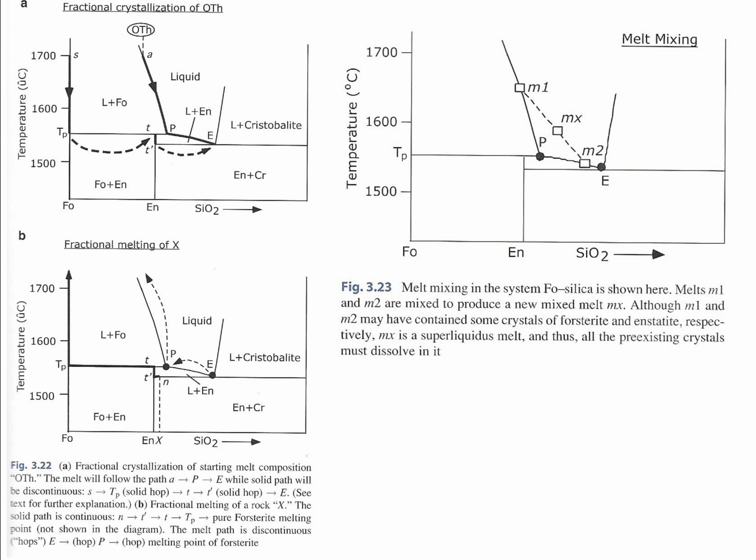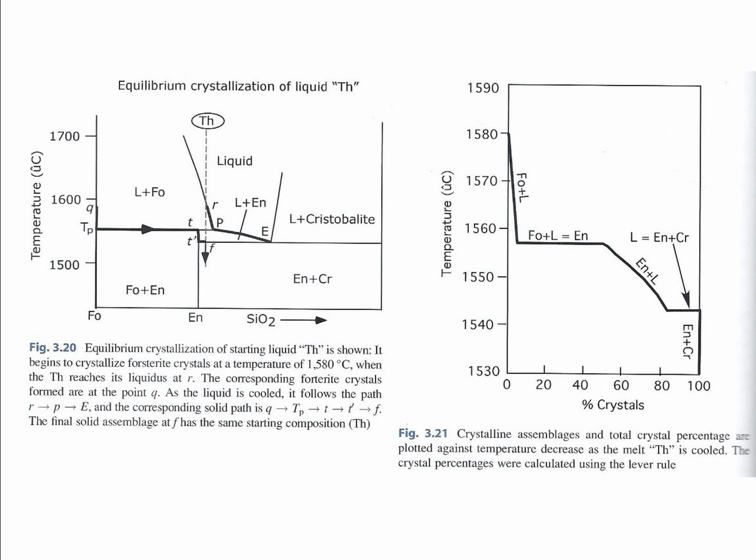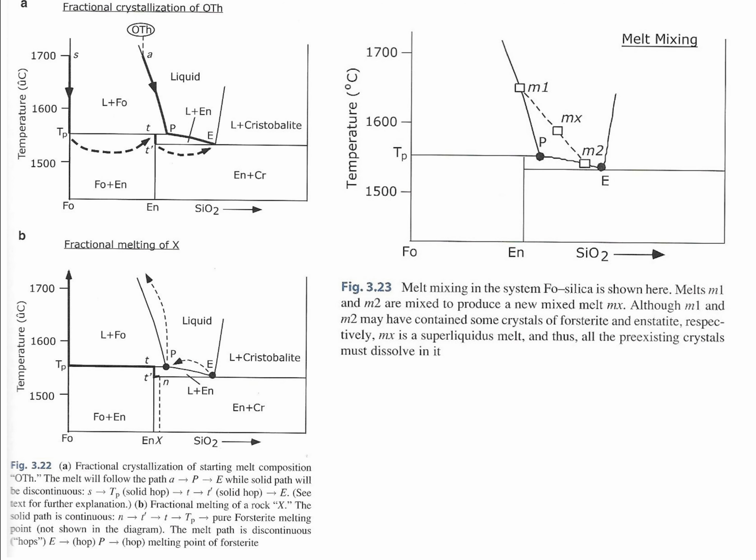So now we have three new diagrams. We have the fractional crystallization of OTH, starting here at very high temperatures, and the melt will follow the path A, PE.